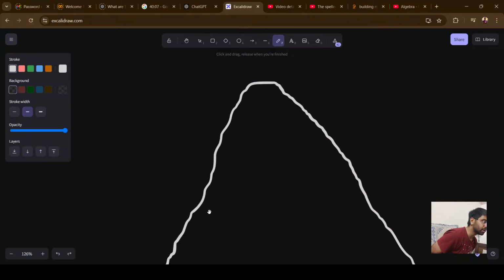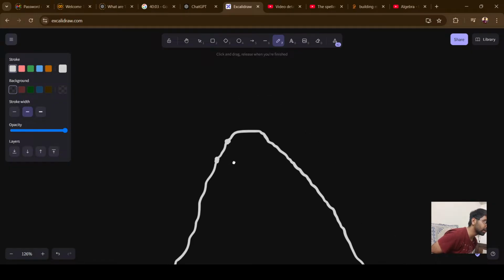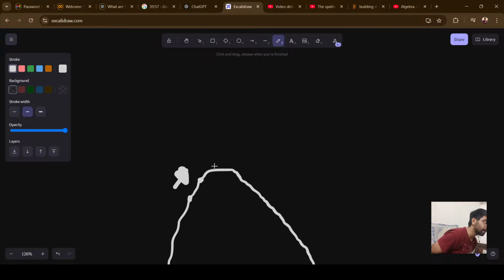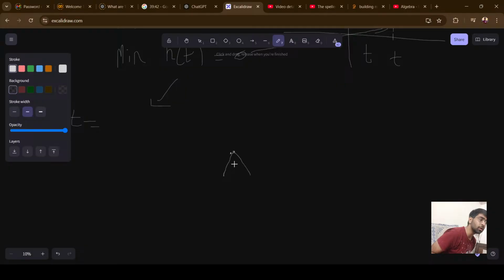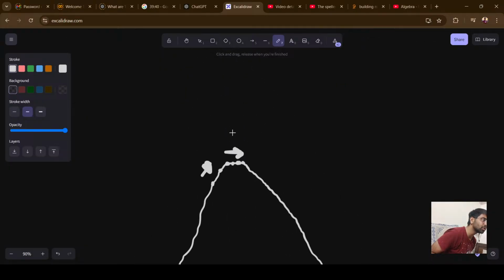Up till this point and this point will have a slope because the curve is increasing. But points like this, they won't have any slope. They will have a constant value, but even if it is for a very small movement, they will have zero slope, right?